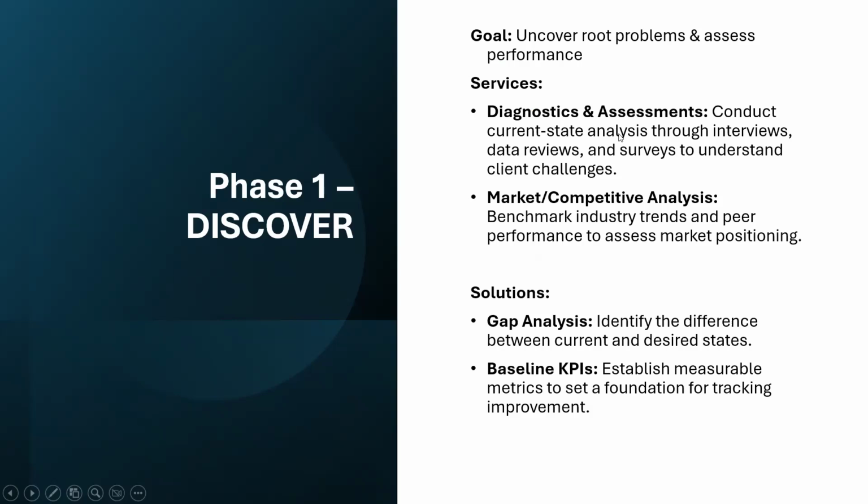Your discovery phase essentially is finding out where the client is now, vis-a-vis the market, vis-a-vis competition, vis-a-vis where they want to be. Okay, and your outcome is a gap analysis. Discover why they are where they are, and then where they can be.